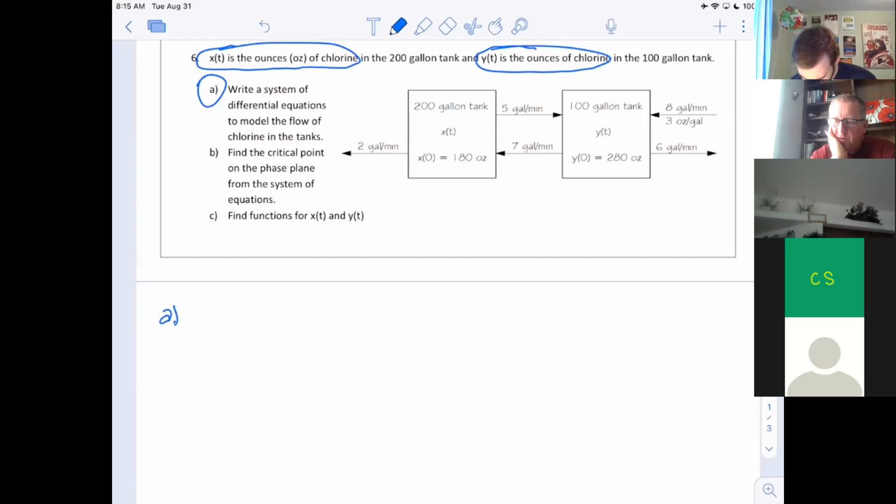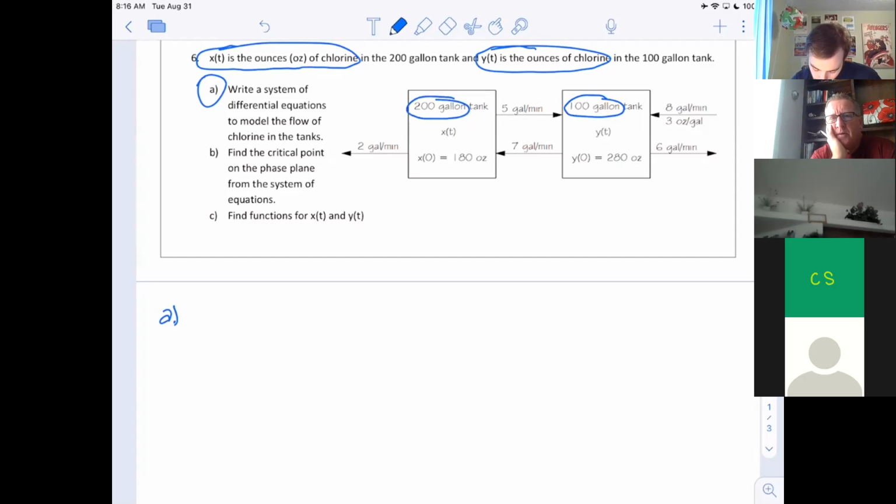So it's important to notice that the tanks are in equilibrium in terms of liquid. Tank X is staying at 200 gallons and tank Y is staying at 100 gallons, because in the 200-gallon tank there's 7 gallons going in and 7 gallons going out, and there's 13 in, 13 out for the other. So liquid-wise, there is no change at all, and that's why we're concerned with the chlorine change.